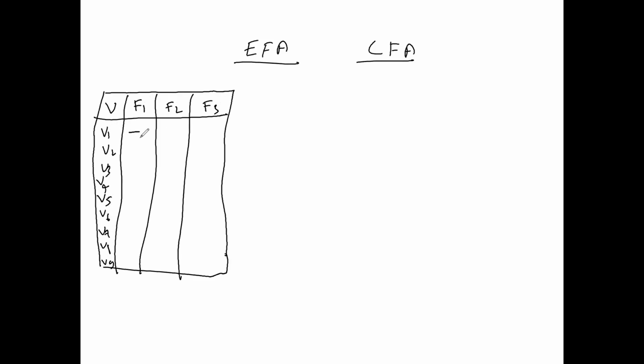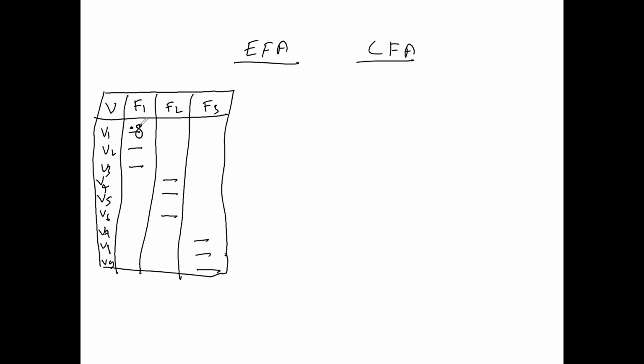So here there are 3 items under factor 1, 3 items under factor 2, and 3 items under factor 3. Items means it is factor loading. Its value may be -1 to +1.